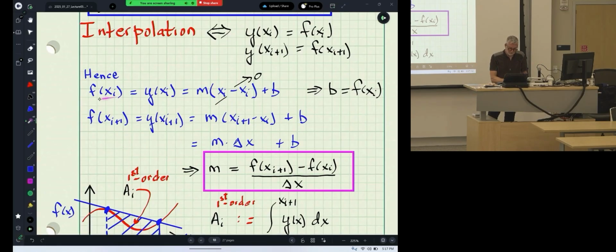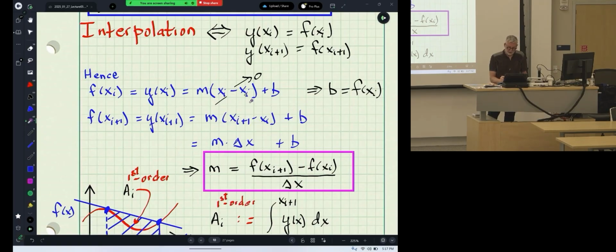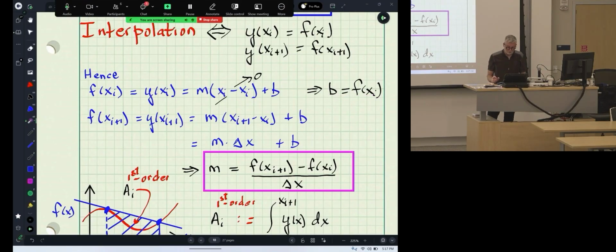If I set f of xi equal to y of xi, when I plug in xi for x, I get xi minus xi here, so this is 0, and so f of xi equals b, and I get the coefficient b in my first order interpolation.